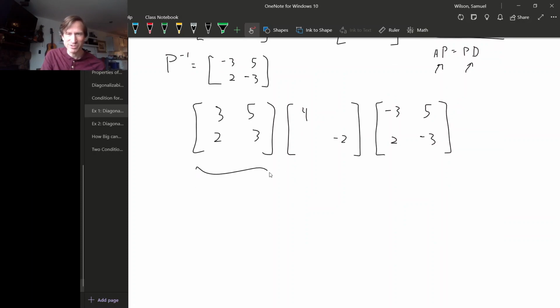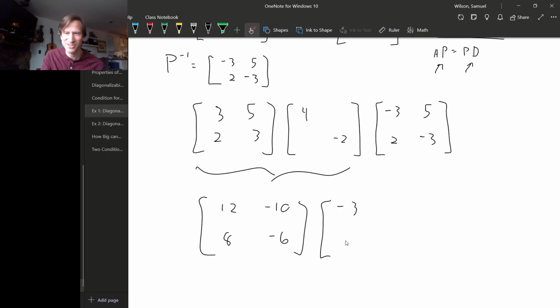So let's see that we can do this product here. We're going to get 4 times the first column, so that's 12 and 8. And then minus 2 times the second column, so minus 10 and minus 6. And now things get messy. Negative 3, 2, 5, negative 3.